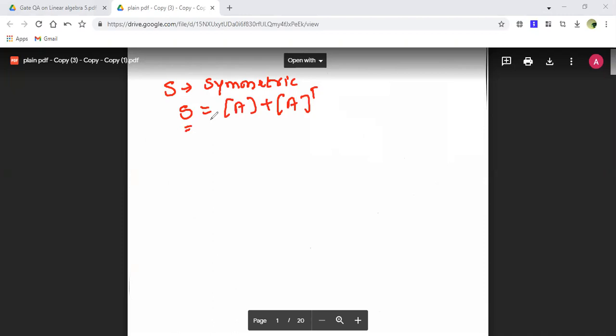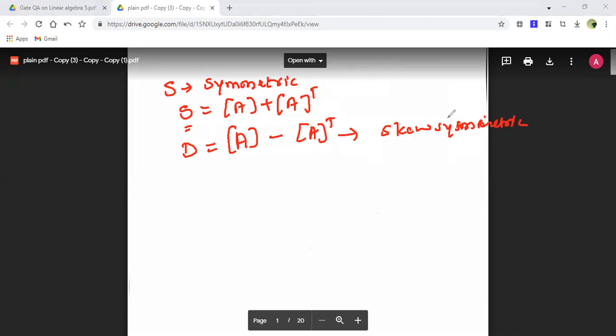Similarly, if you can express it as matrix A minus its transpose, let me denote it as D because in the example they have denoted it as D, then this D matrix will be skew symmetric. These are the important properties we have to know.